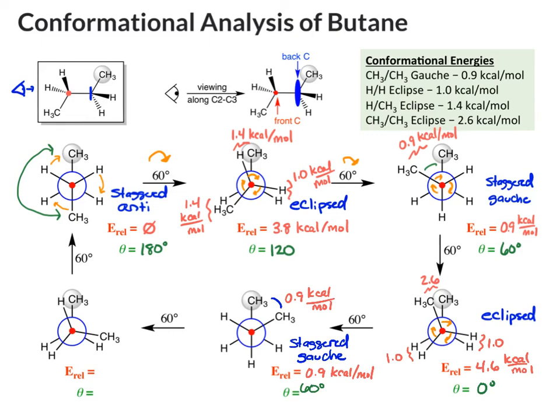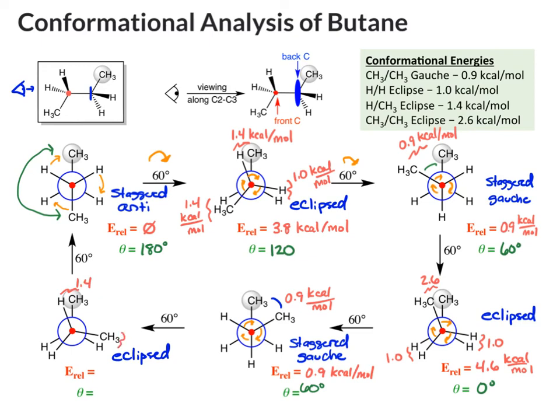All right, continuing on, do another 60-degree rotation of the front carbon in a clockwise direction. When we do that, we end up with an eclipsed conformation. With this one, let's look at our eclipsed interactions. We have a hydrogen-methyl eclipse, which is 1.4 kcals.